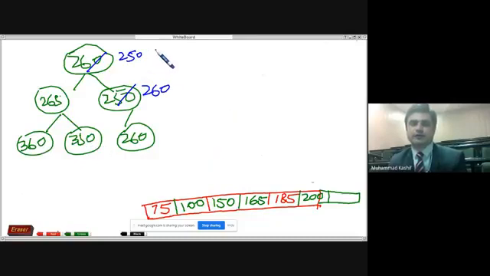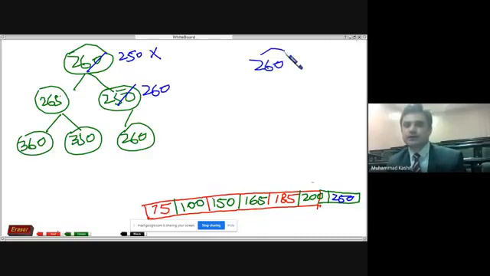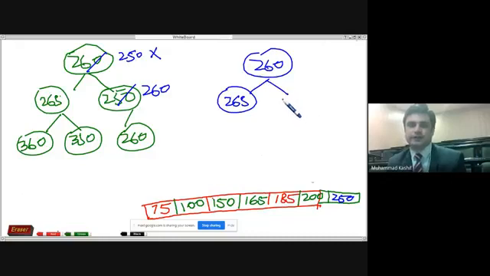So we are going to delete 250. So 250 would be placed over here, right? So the next element would take place as a root node. So 260 becomes a root node, and on the left of 260 we have 265, on the right of 260 we have 260, right?